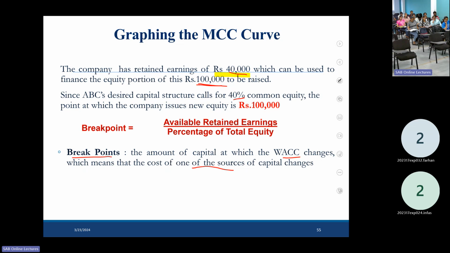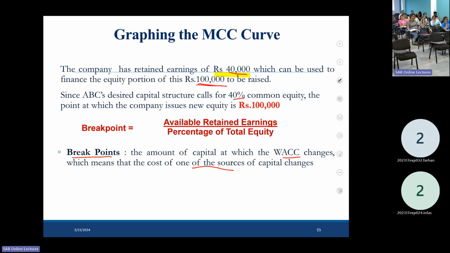When your total debt borrowing exceeds 500,000, your cost of borrowing is 15%. So there is a break point. You can identify it as the available capital at this first level, 500,000, divided by the weight on the debt capital.